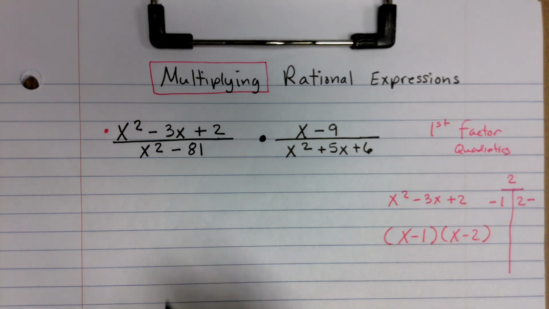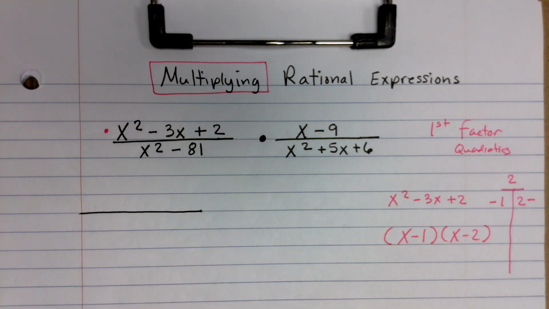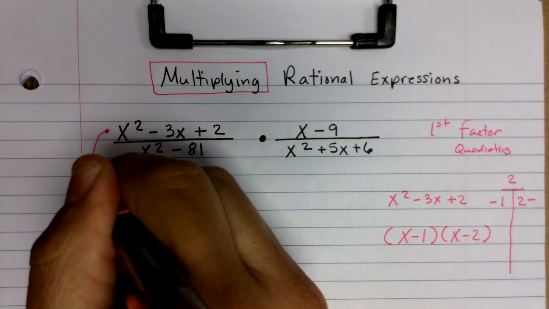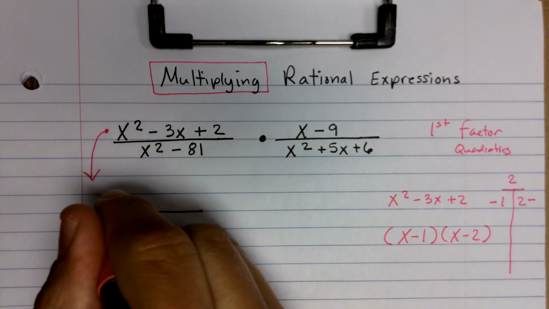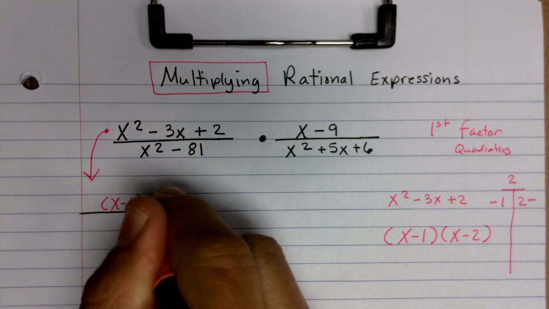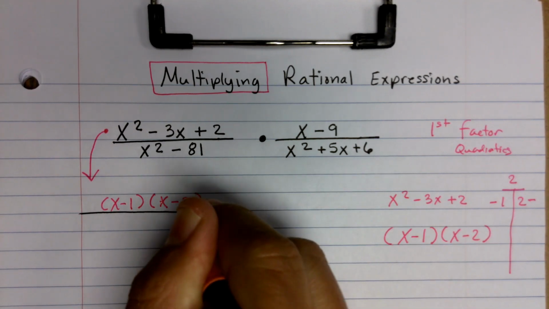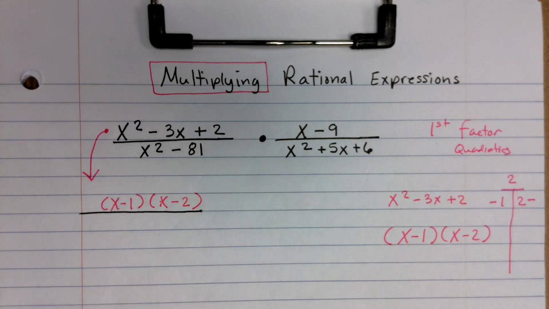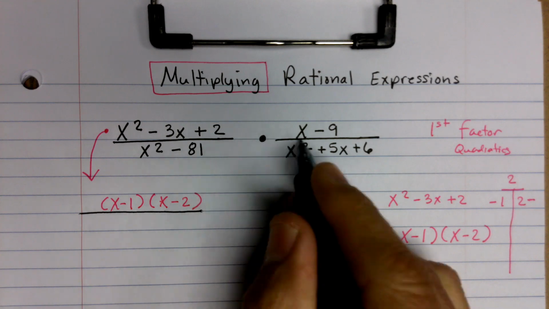So when I rewrite my problem over here, instead of writing what we had, I'm going to write its factors in the numerator. And so we have x minus 1 and x minus 2. Next, this is just being multiplied.